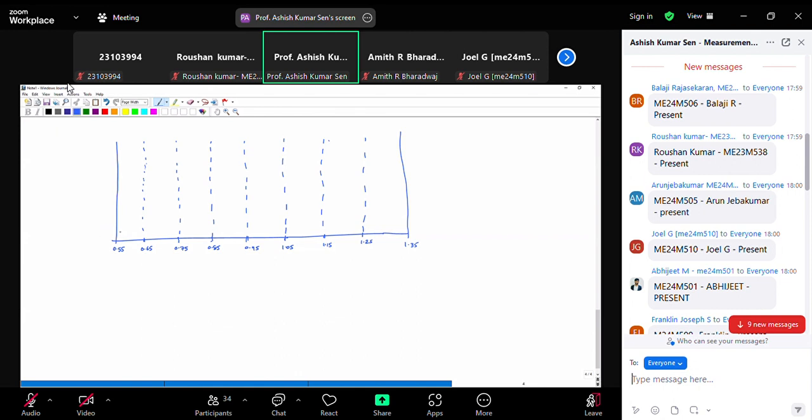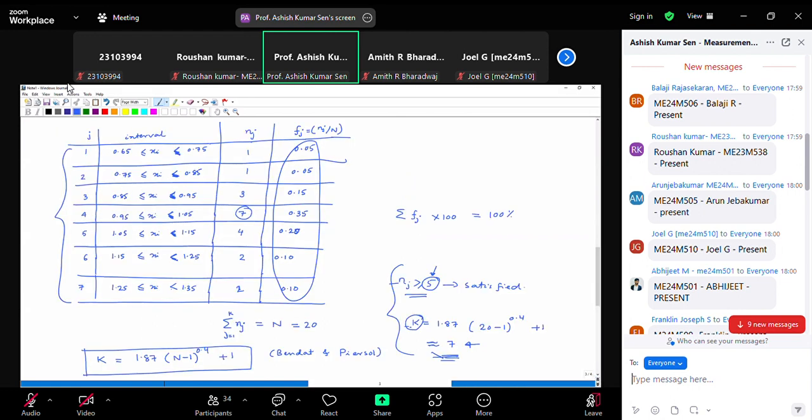So you have, let's say, 1, 2, 3, 4, 5, 6, 7. If you look at this table, for each of these range intervals you have a corresponding nj.